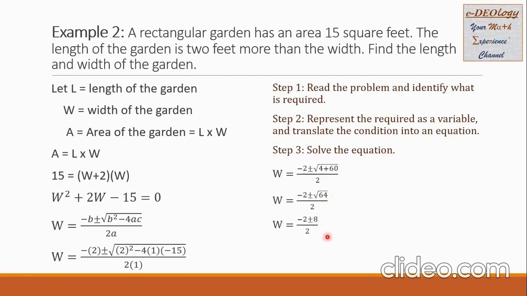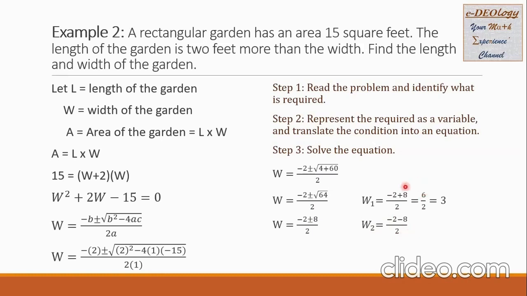At this point, we are now to split the plus and minus in here. We have the W sub 1 and W sub 2. For W sub 1, we will use the positive sign. So negative 2 plus 8 over 2. For the W sub 2, we will use the negative sign. Negative 2 minus 8 over 2.